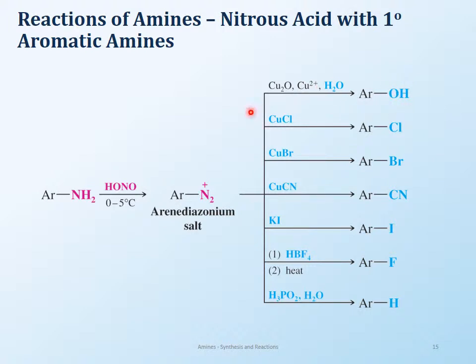The next three reactions are called Sandmeyer reactions, and in this case you have substitution with chlorine, bromine, and cyano compounds. So here is chlorine and bromine on the aromatic ring. Now, if you're wondering why you would want to get chlorine and bromine like this versus just taking a benzene ring and doing halogenation on that, well, you could.